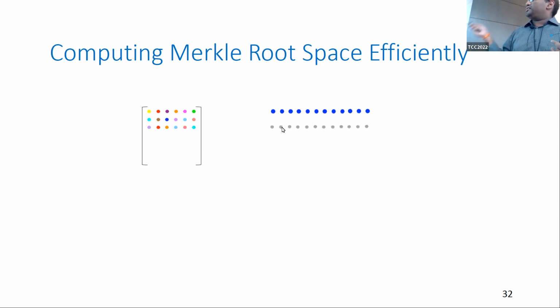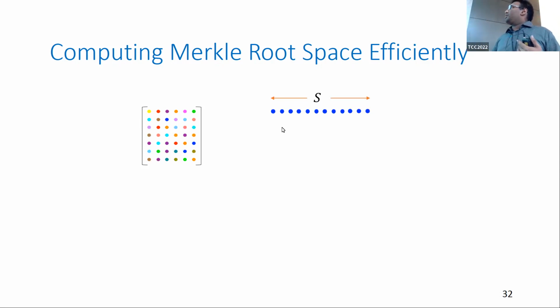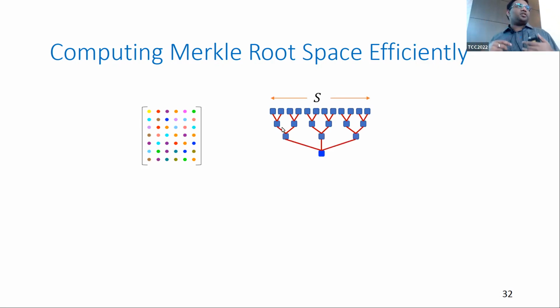And at the end, after processing all the rows, you will get a hash or a commitment for each of the columns. And now this will require only space S. And now you can just apply a Merkle commitment on it. And so now you can basically compute the Merkle tree commitment just using order S space instead of order T.